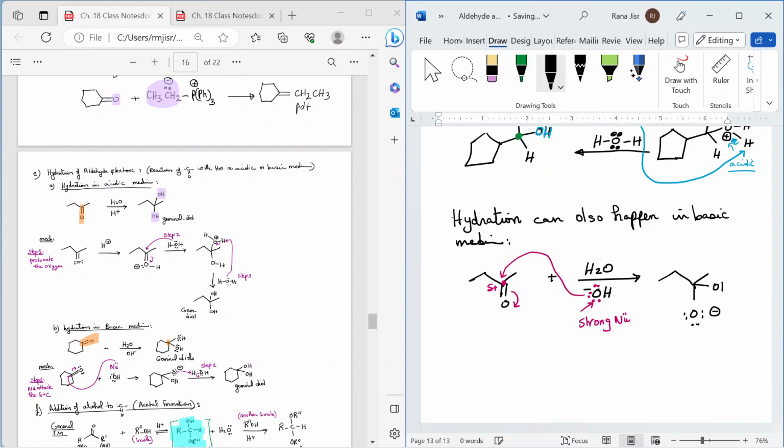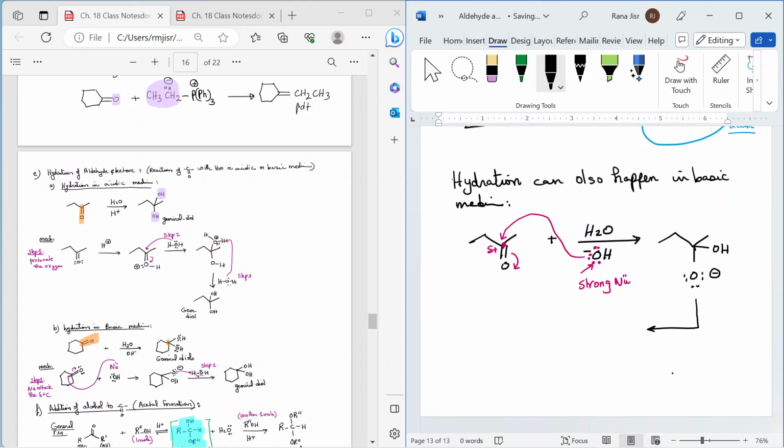You have your OH in here, okay? And then the next step is the solvent. So basic medium requires a solvent at the end. So for the solvent, I am using water, and that water is going to come and protonate the oxygen as usual, and I'm going to end up getting again a geminal diol. So this one is going to be again a gem diol.